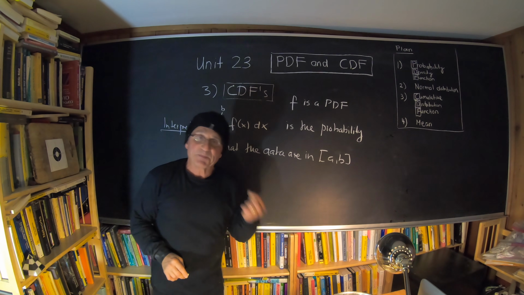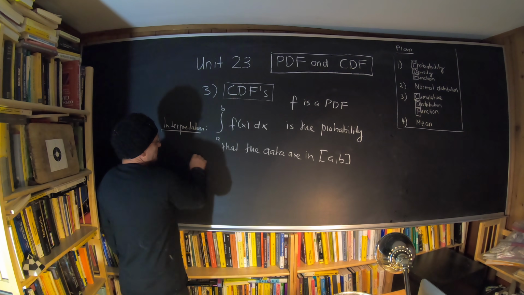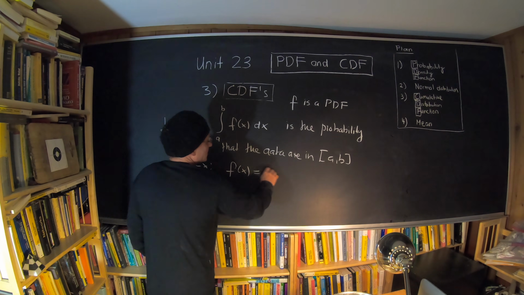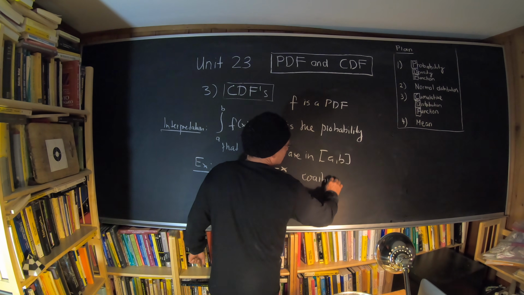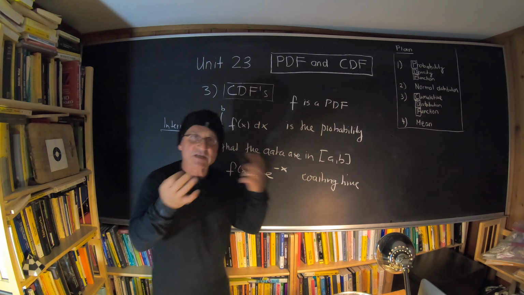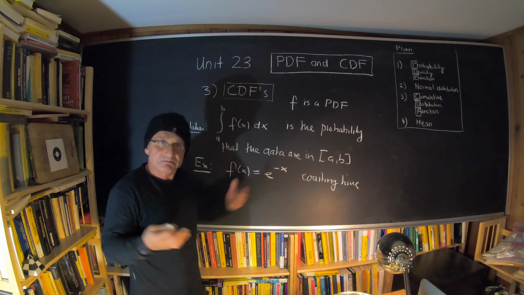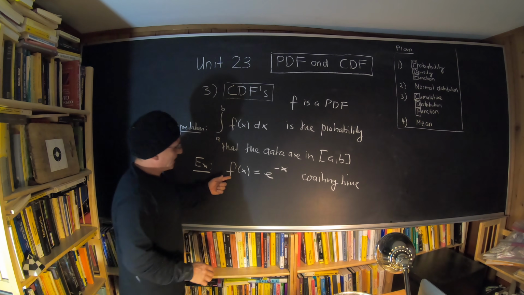For example, the exponential distribution is a waiting time. So f of x is equal to e to the minus x. This is a waiting time. It could be the waiting time for the next email you get, the next text message, or the next telephone call.